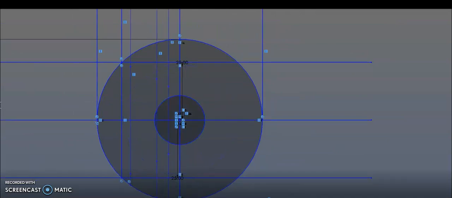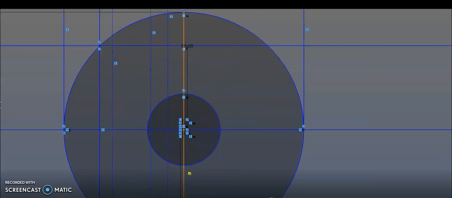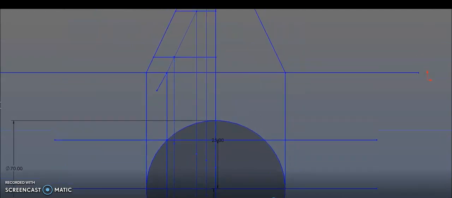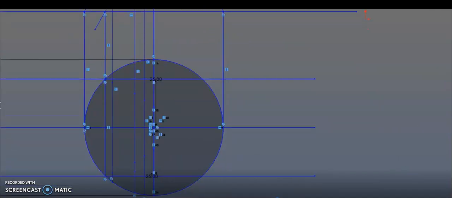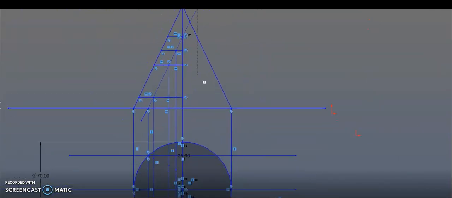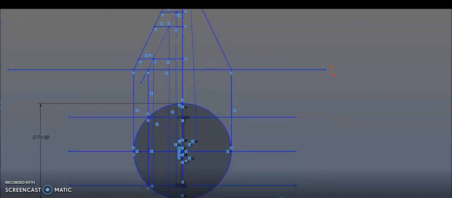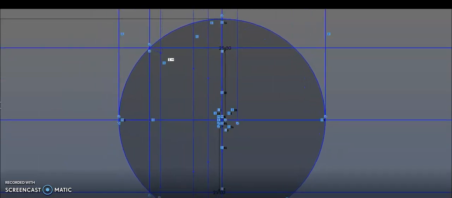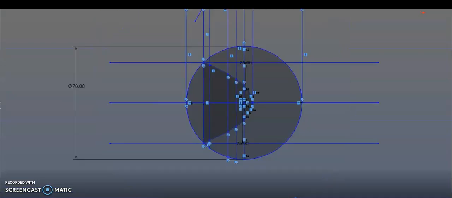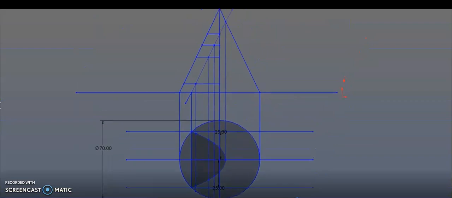With this center you are drawing an arc. Instead of drawing an arc, we are drawing a circle and determining the cutting points. Once all the points are obtained, by a freehand sketch we will join all those points.